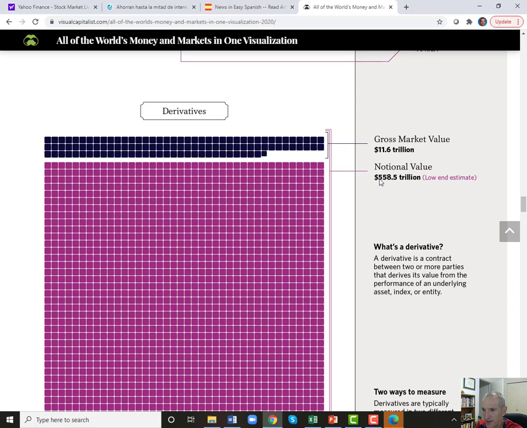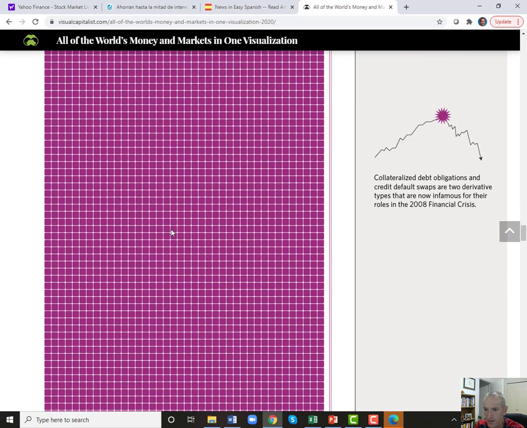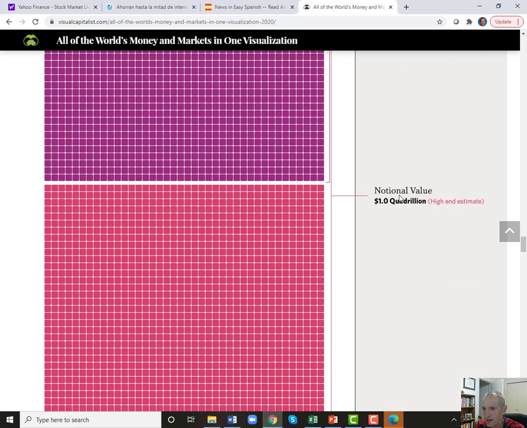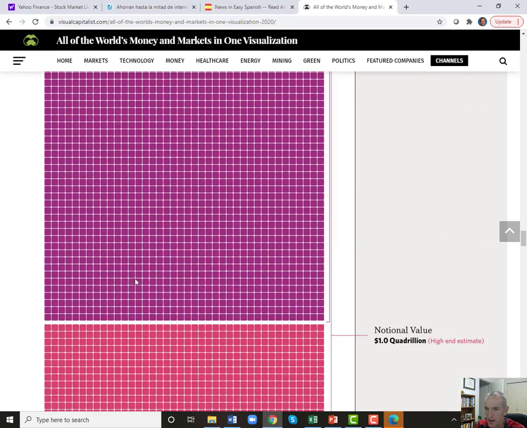But look at that, $558 trillion. The U.S. economy is only, what, $25, $30 trillion. So the notional amount is a huge number, and this is the low end. Look how far down that goes. The notional amount at the high end is whatever 1,000 times a trillion is, a quadrillion. It just dwarfs everything else.